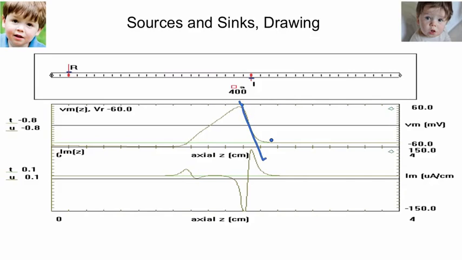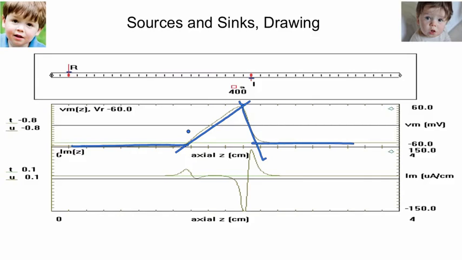Suppose we take the slope of the recovery and we draw a straight line through it. Suppose we take the baseline, we draw a straight line through it. And similarly for the baseline on the other side. Now our action potential is represented here by 4 straight line segments.